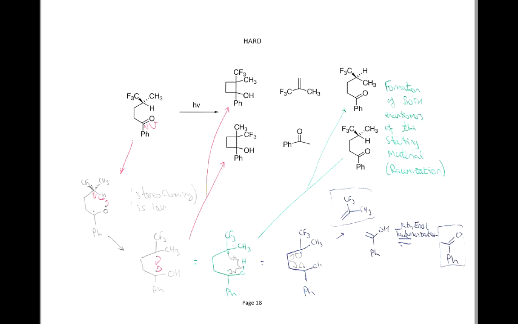So this is really the reverse of the first step. This is just hydrogen abstraction getting back to the start material, but because we've lost our stereochemistry because of this achiral diradical intermediate, when we go back to our starter material, we can get both enantiomers being formed.